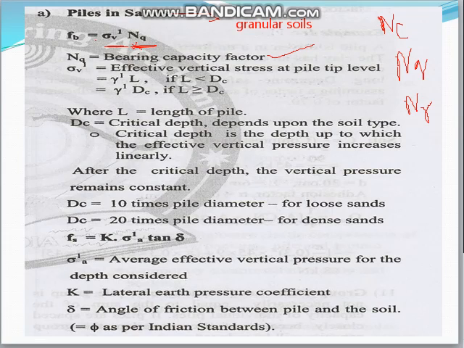Sigma V dash, the effective vertical stress at pile tip level, is equal to gamma dash into L, where L stands for the length of the pile, if the length of the pile is less than the critical depth.